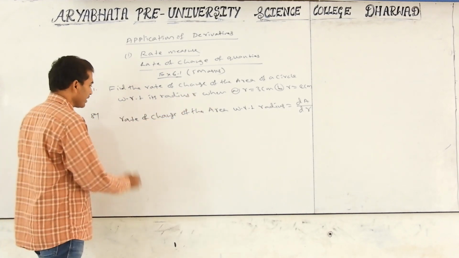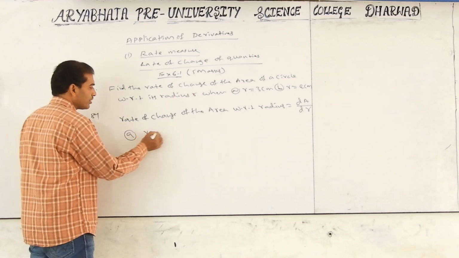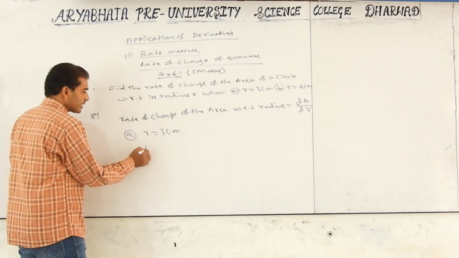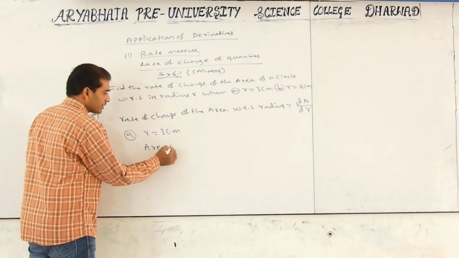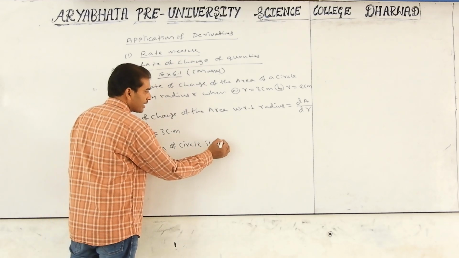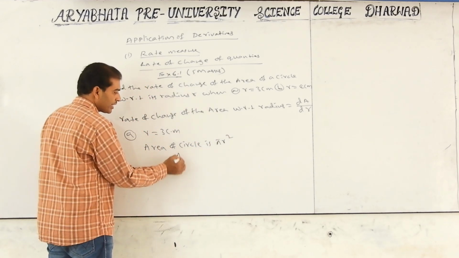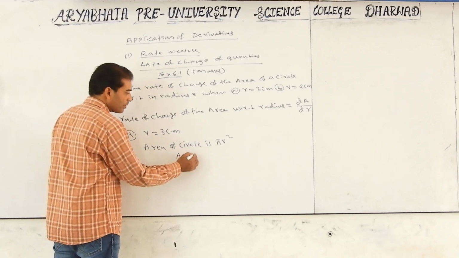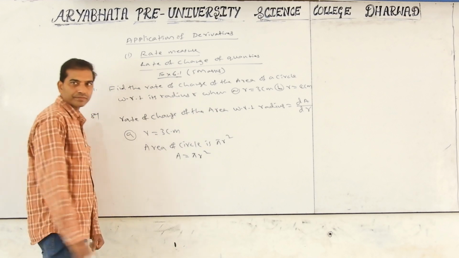First question a. They gave r equals 3 centimeter. Tell me, area of circle is pi r square. I am taking A for area. A equals pi r square.